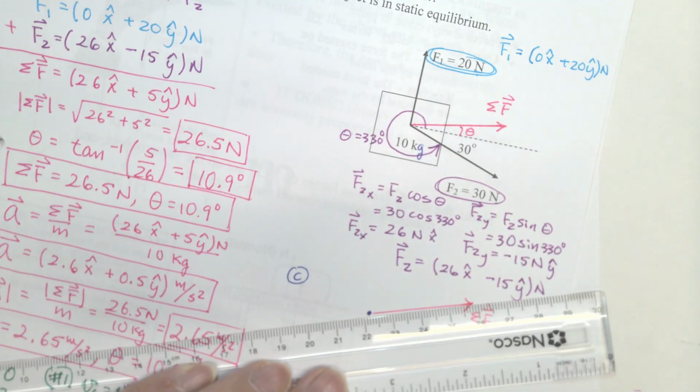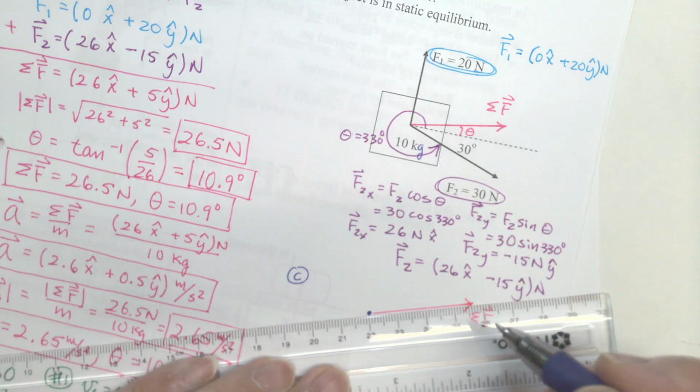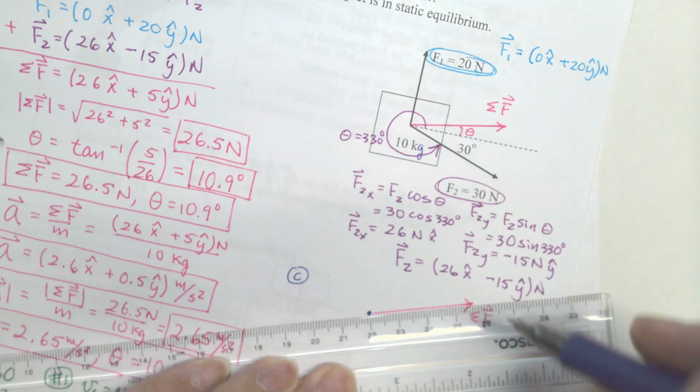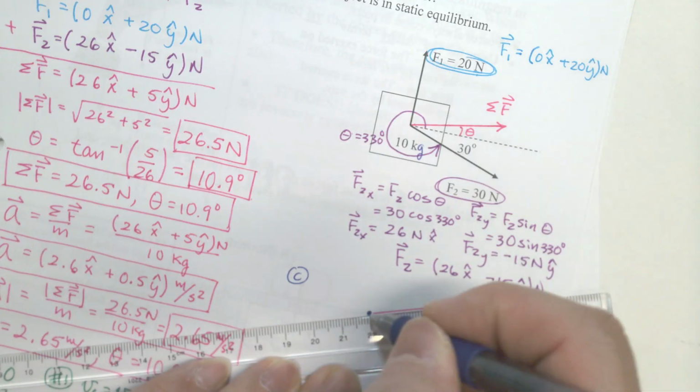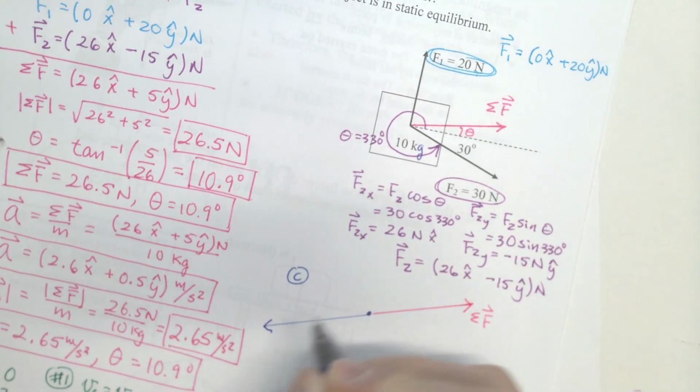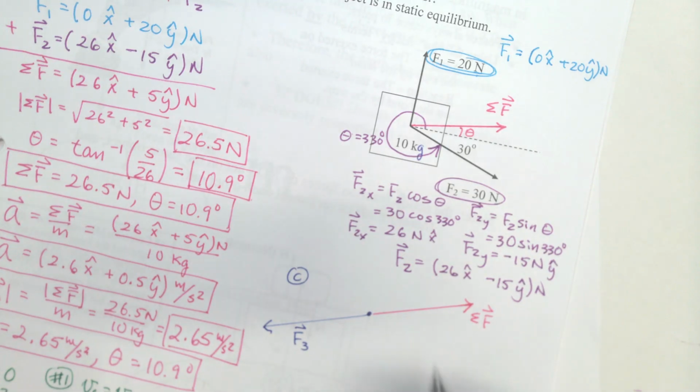If the third force, F3, is in the opposite direction with the same magnitude, this way F3 would cancel everything out. So my F3 is equal to simply the negative of the net force.